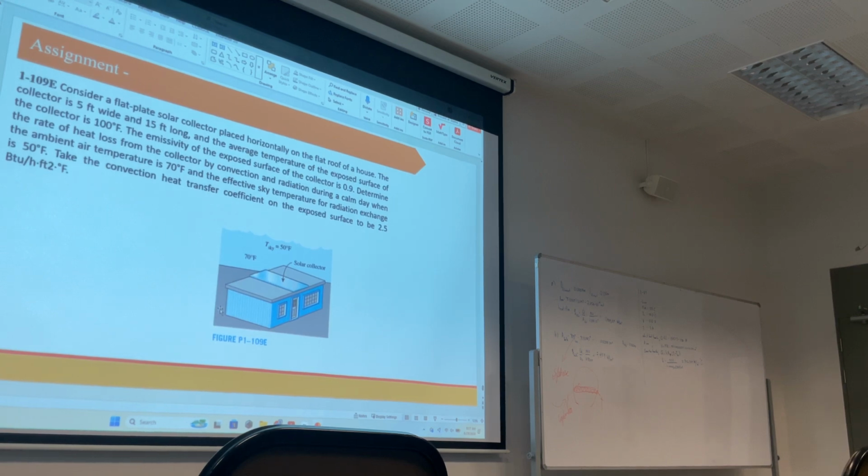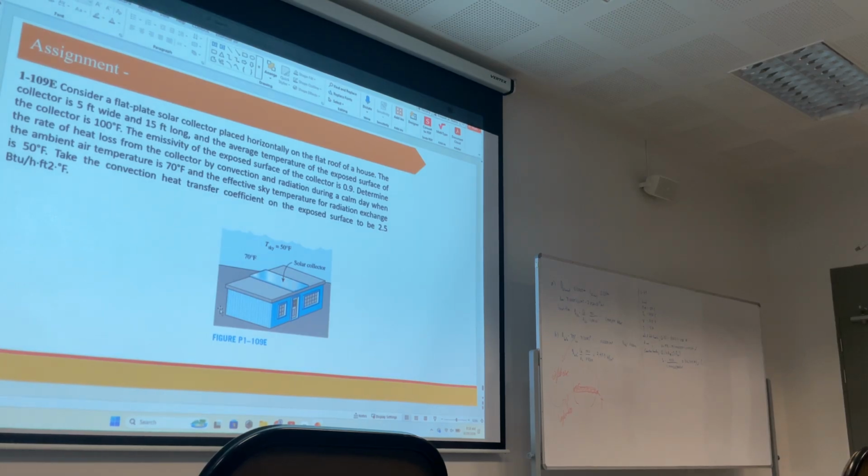The last question was, consider a flat plate solar collector placed horizontally on the flat roof of a house. The collector is 5 feet wide and 15 feet long. Okay. The average temperature of the exposed surface of the collector is 100 degrees Fahrenheit. The emissivity of the exposed surface of the collector is 0.5. Emissivity is given. There is radiation.